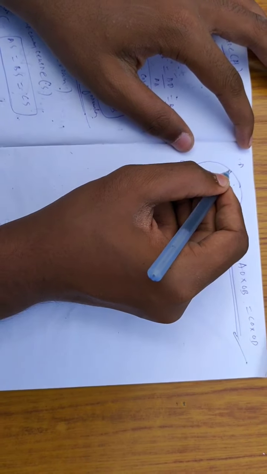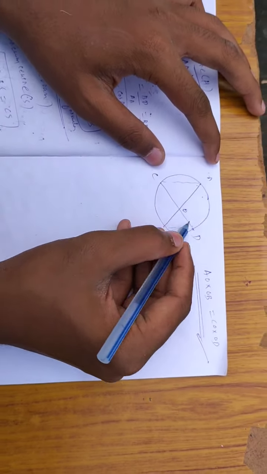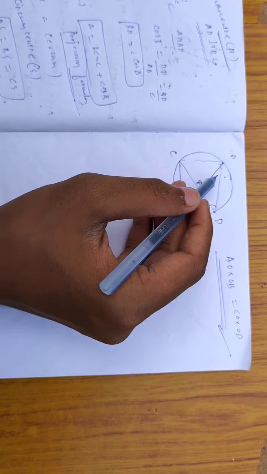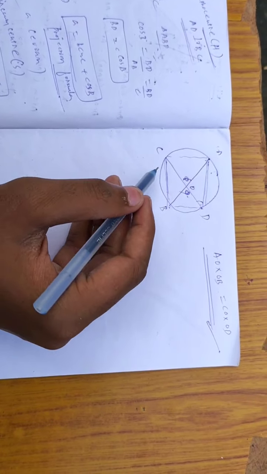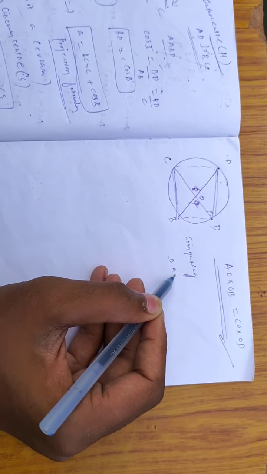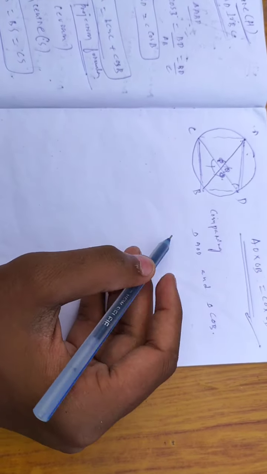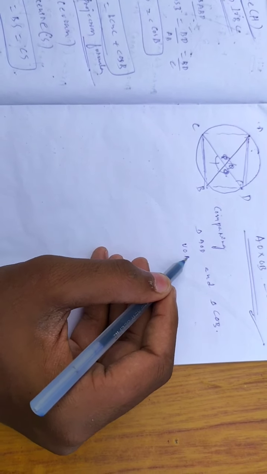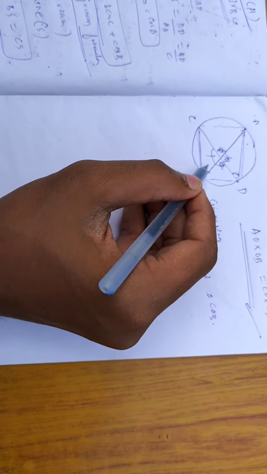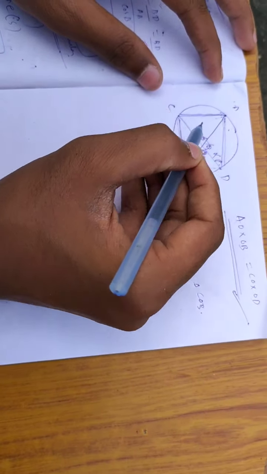We can prove it. In short, joining these four points, this is a cyclic quadrilateral, and comparing triangle AOD and triangle COB, these two angles are vertically opposite angles, and these two angles are equal, and this is alpha, because these two angles are in the same segment, right?